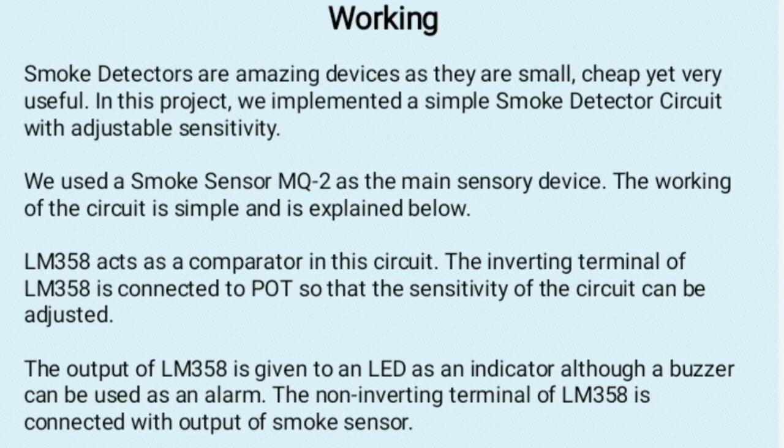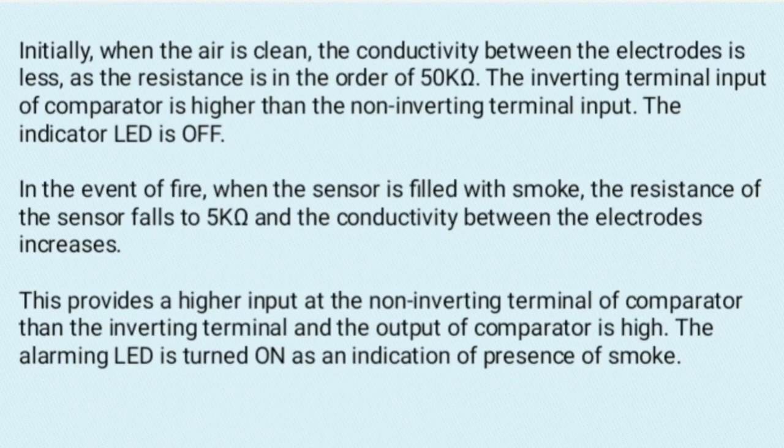The non-inverting terminal of LM358 is connected with the output of the smoke sensor. Initially, when the air is clean, the conductivity between the electrodes is less as the resistance is in the order of 50k ohms. The inverting terminal input of the comparator is higher than the non-inverting terminal input. The indicator LED is off.